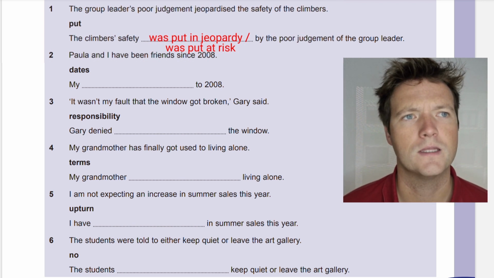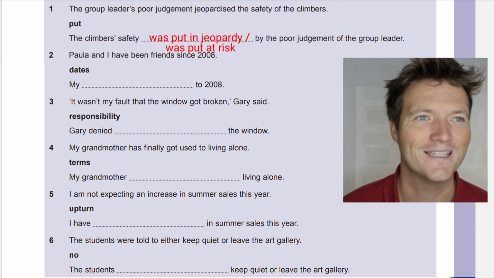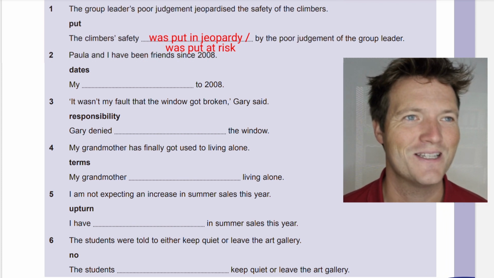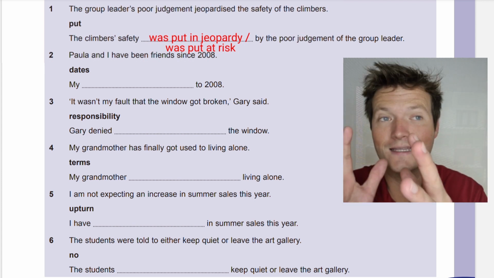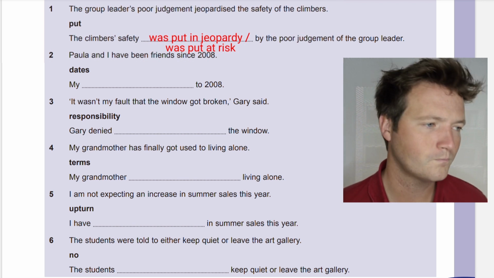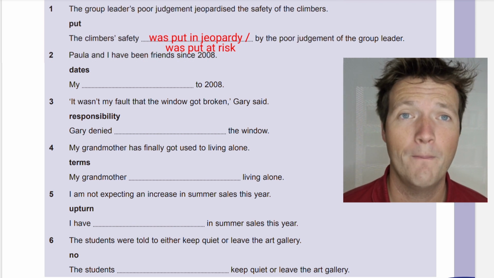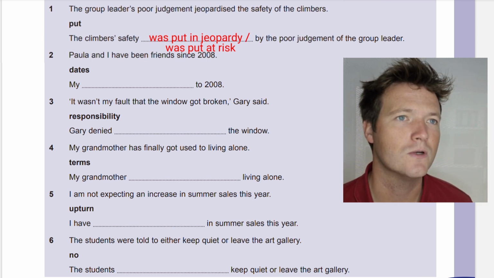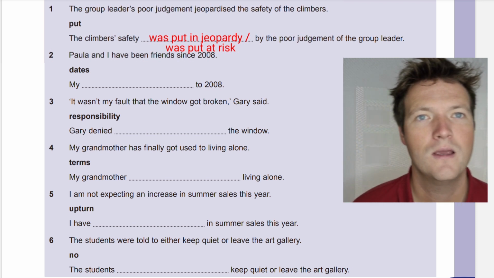So if I think about Spanish, which is not my own language, but the other language I speak, there is an expression which says datar de, right? So something dates. And what would be the preposition? It dates from, or it can also date back to a specific time, right?